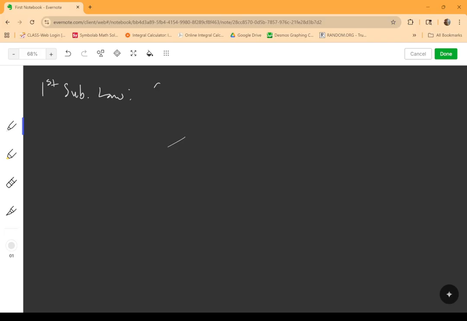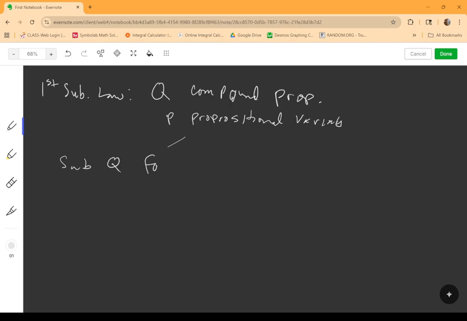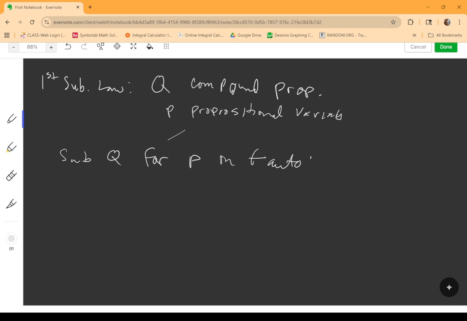This states that if Q is a compound proposition and P is a propositional variable, you can substitute Q for every occurrence of P in a tautology, and it will still be true. It gives another tautology.